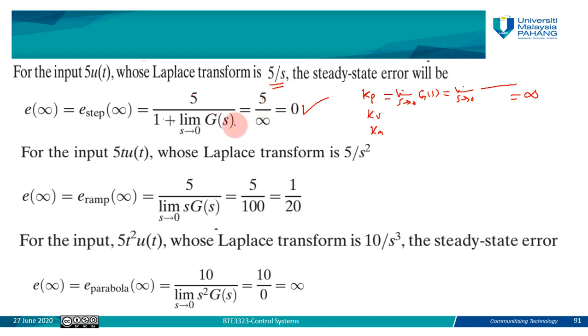When we go to the next type of input, which is 5tu(t), which is 5 over s squared, we need to find the value of Kv, which is the limit as s goes to 0 of sG(s). That means we have s times G(s), so this s will remove the original s in the denominator of the system.